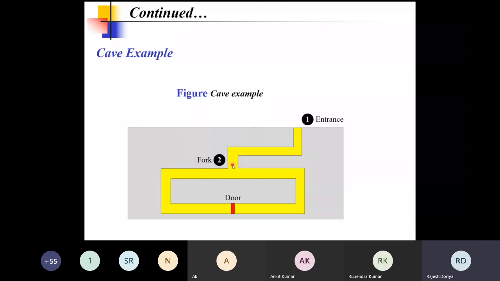So at step number 2, we can ask them to pass either this way or this way. If the person is able to cross this door and come back to this point, that means the person has got the key, which he or she has used to pass through the door. So this is the analogy of the zero knowledge protocol.